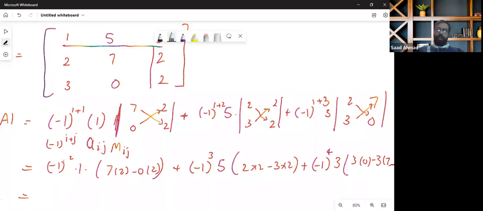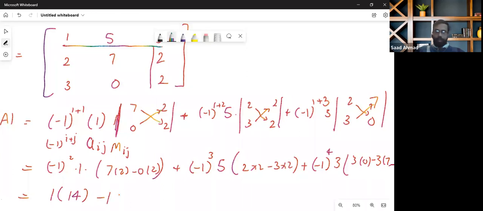Now minus 1 to an even power makes it positive, so it will be 1. 1 times 14, because 7 times 2 is 14, and 14 minus 0 is 14. Then minus 1 to an odd power, that is 3, gives a minus.